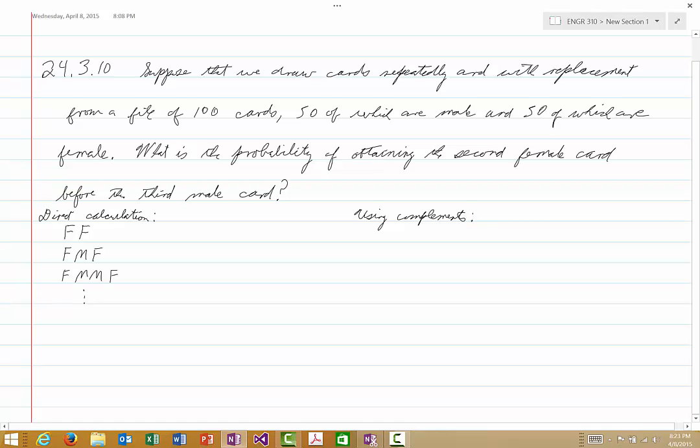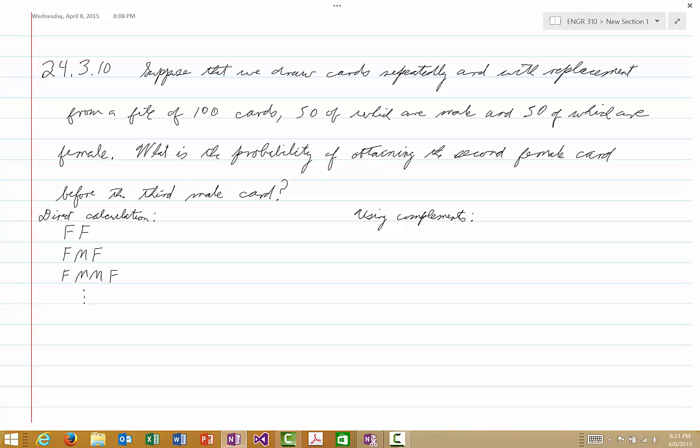Now, first of all, let's make sure we understand what the complement of this situation is. If the event that we want to calculate the probability for is that we do obtain the second female before the third male, then the complement of that, of course, is that we do not obtain the second female before the third male.